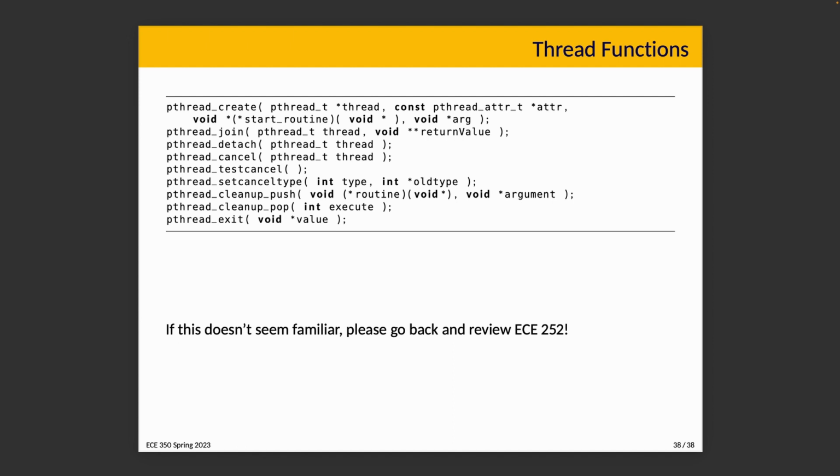And then, we talked about how to successfully pass arguments to said thread. One of the ways that we did that was using this void star arg at the last position in the function call. And whatever argument we pass there is provided to the function that we called.